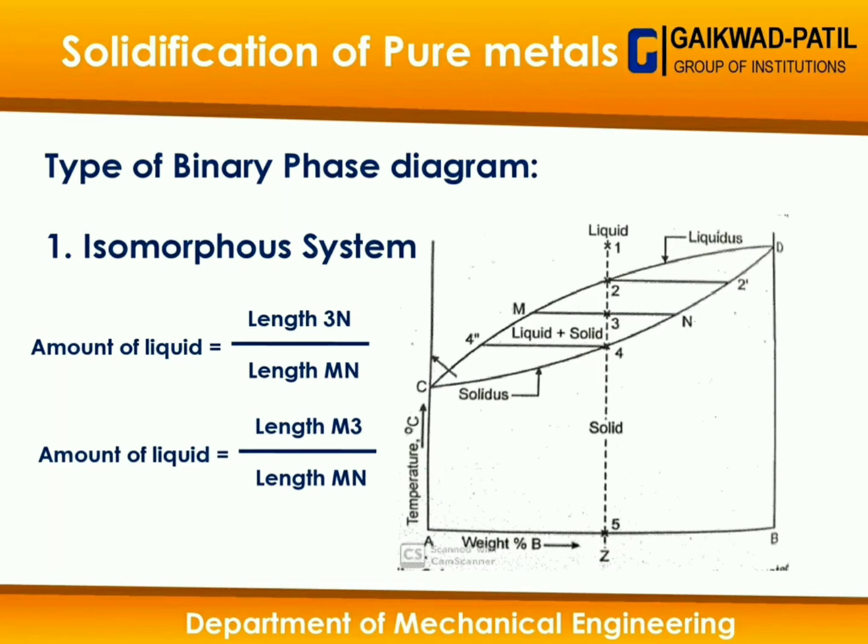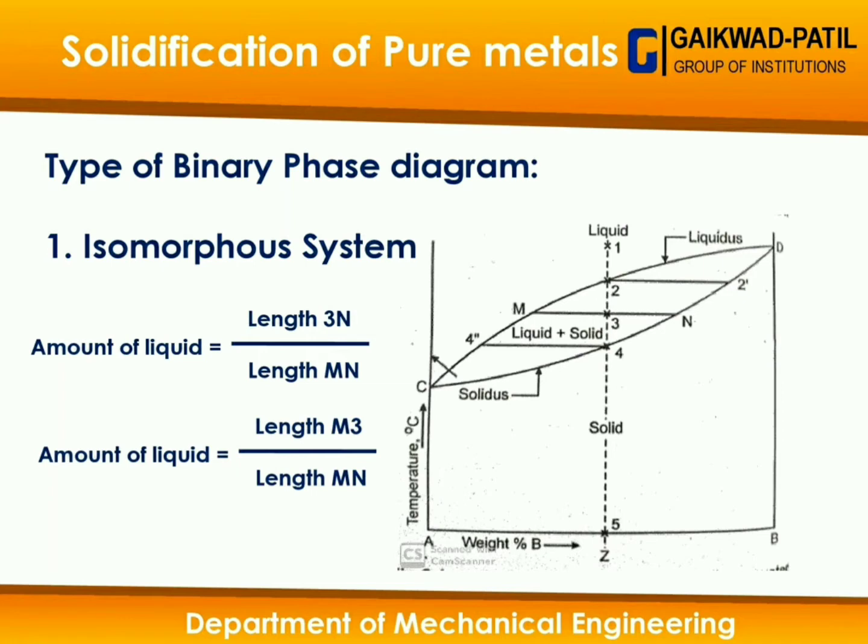The CD graph we call the liquidus, and the DC graph we usually call the solidus. The region below the solidus is solid, and the region above the liquidus is liquid. When we need to calculate the amount of liquid, we can divide the arm with the equilibrium line, which we call the MN line.